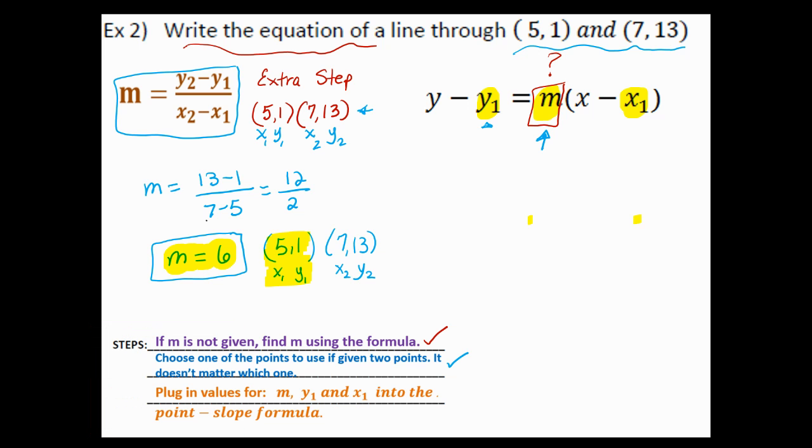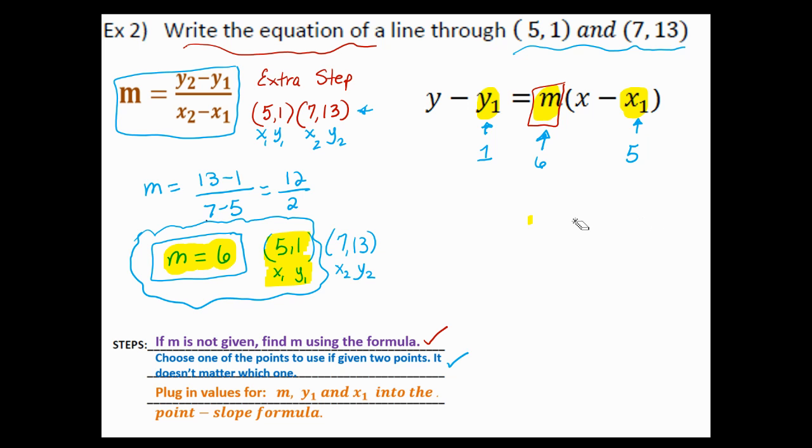Okay, so we're going to plug a number in here, here, and here. So the numbers we're going to plug in, we're going to use this little set right here. We're going to plug in a 1, we're going to plug in a 6, and we're going to plug in a 5.